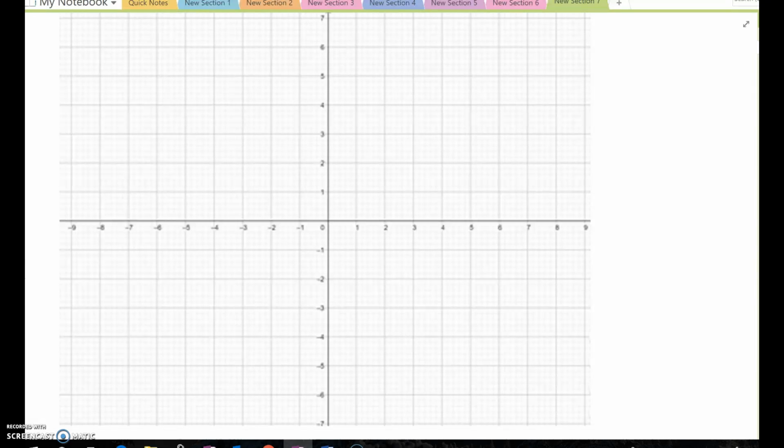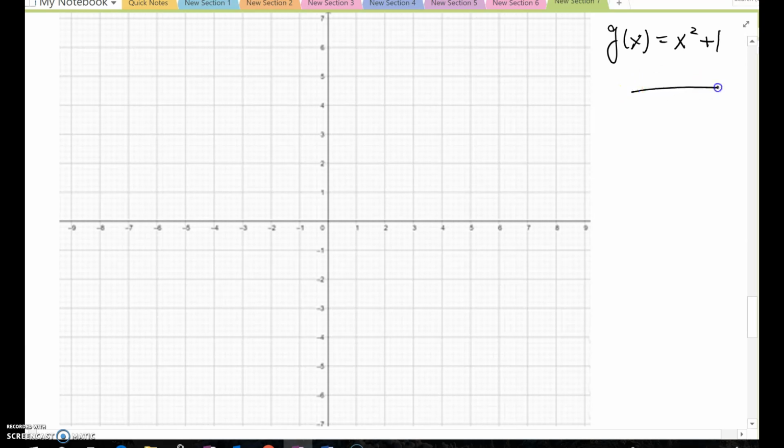Okay, so next one is, now I'm gonna set up g(x) equal to x squared plus 1. Because we have drawn the x squared graph already, I'm not gonna cover that anymore, but instead I'm gonna introduce a new function's graph. In this case we can also explore using maybe 5 random x values.